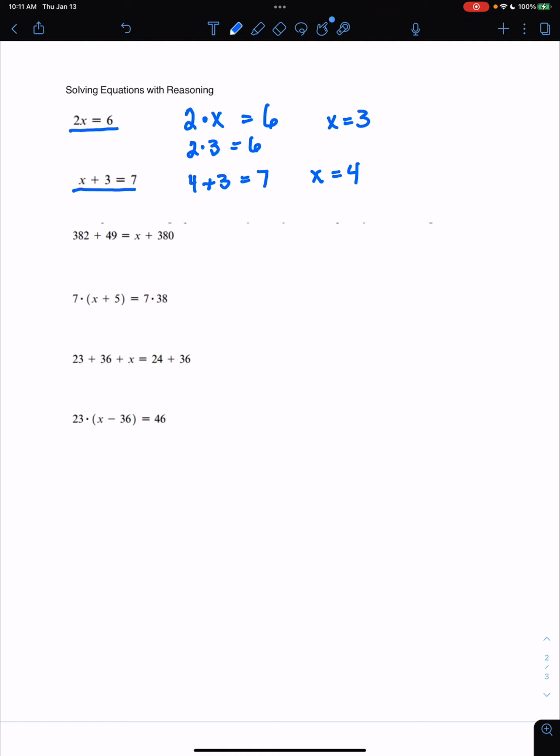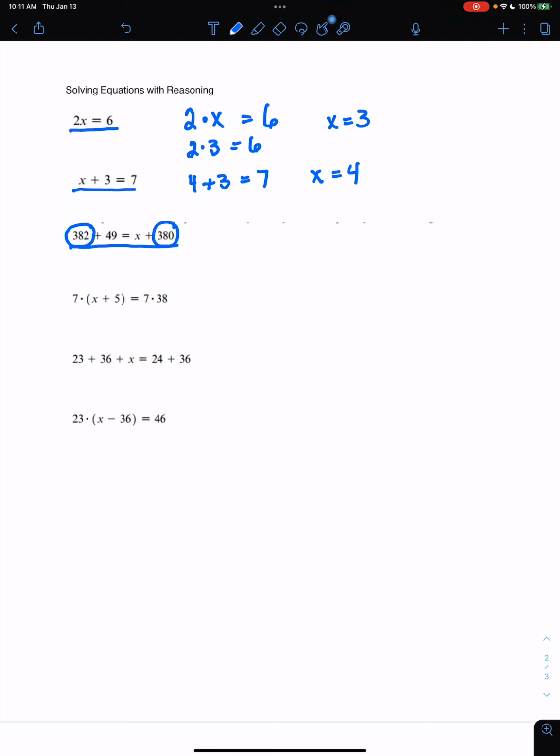And sometimes the problems can get a little bit more complicated, but we can still use our reasoning to solve them. For example, this problem here, where it says 382 plus 49 equals x plus 380. Now, we can look at this and say, oh my goodness, I see numbers that kind of look alike, right? I see 382 and I see 380.